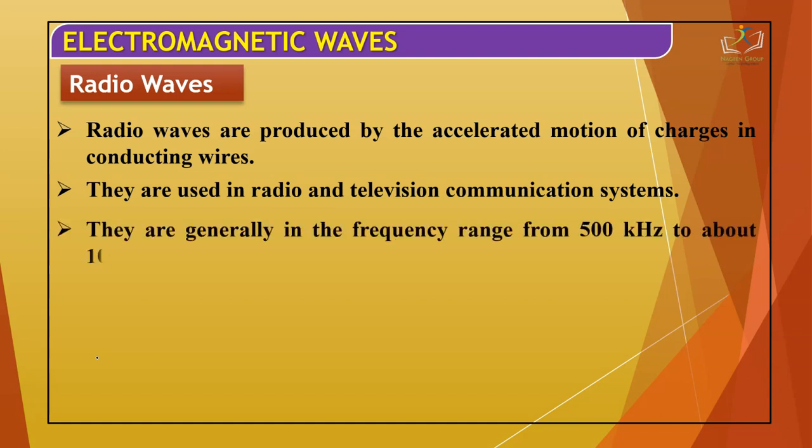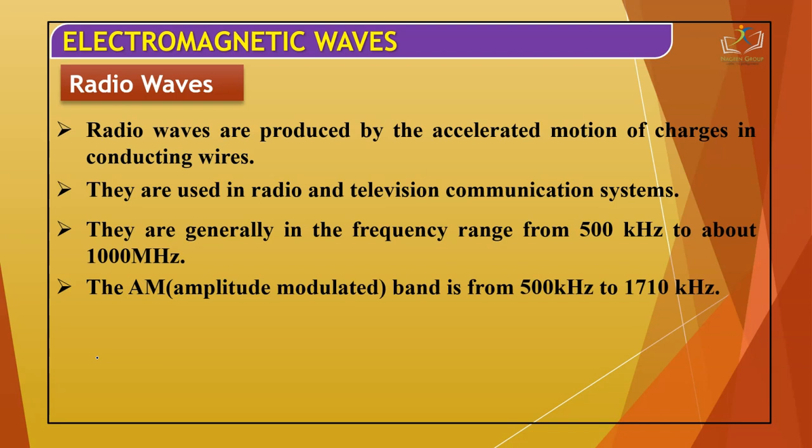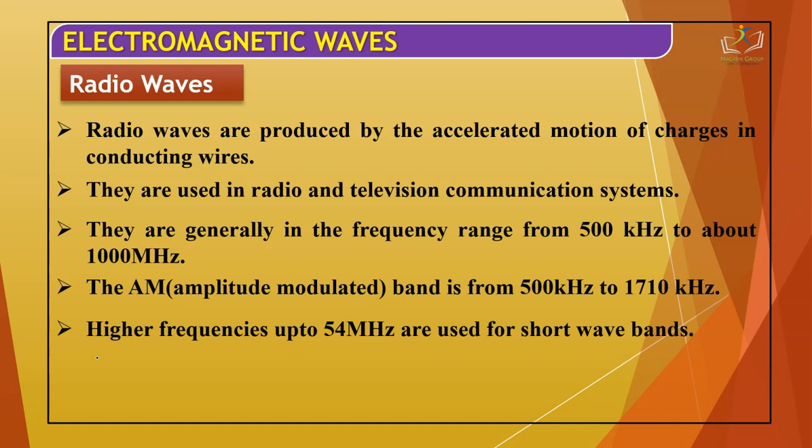They are generally in the frequency range 500 kHz to about 1000 MHz. The AM amplitude modulated band is from 500 kHz to 1710 kHz. Higher frequencies up to 54 MHz are used for short wave bands.